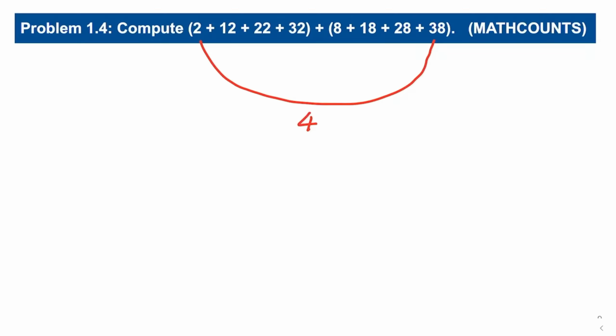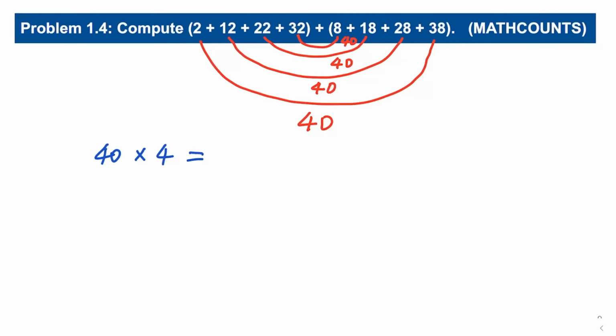We get 40. Then we add 12 and 28. We get another 40. We add 22 and 18. We get 40. We add 32 and 8. We get another 40. In total, we have 40 times 4. So the answer is 160.